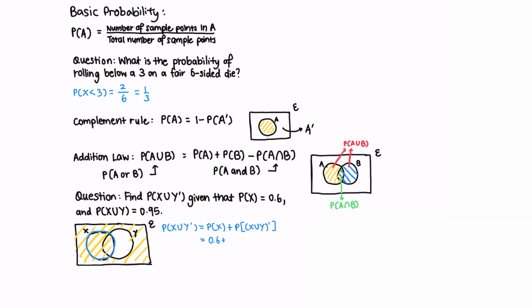By the complement rule, P(A) is equal to 1 minus P(A prime). So in this case, if we take A as X union Y, then this will just be 1 minus 0.95. And this just equals 0.05.